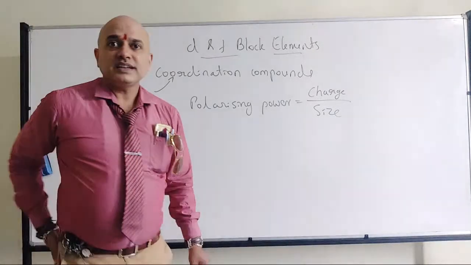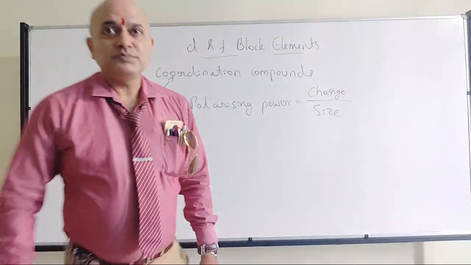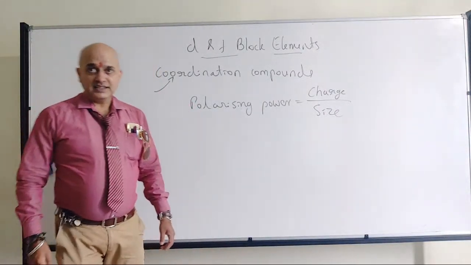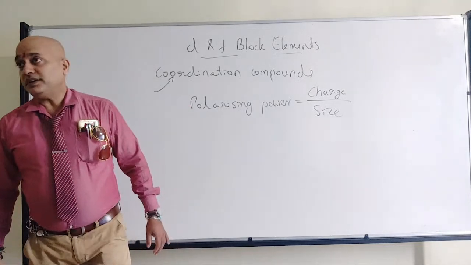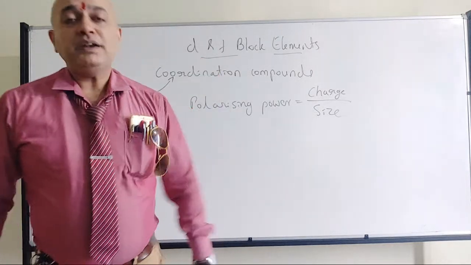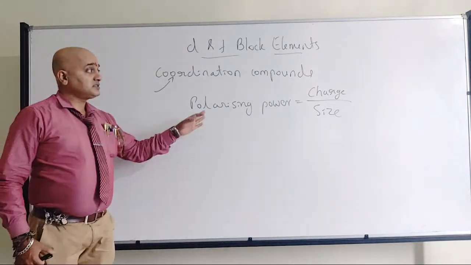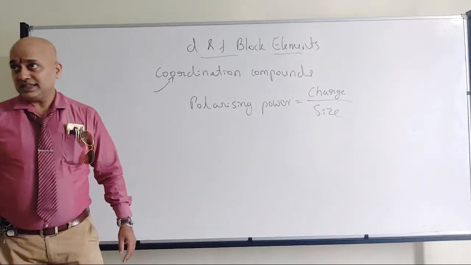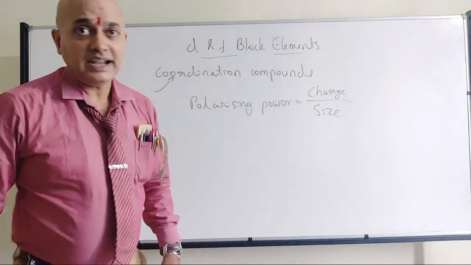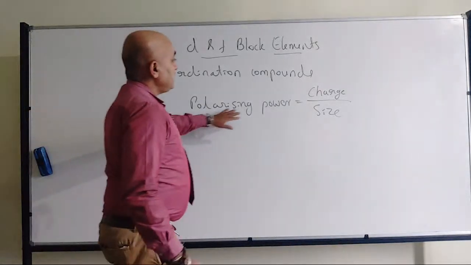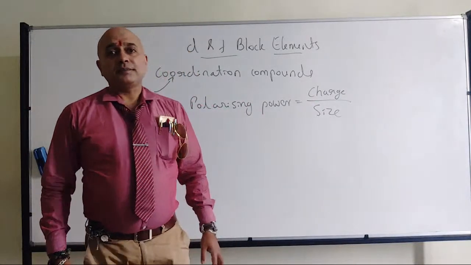Radius talks about size only. Charge by radius is related to the anomalous property of the first element of a group, with respect to Fajan's rule. We discussed these things in chemical bonding, right? So that's where we have the polarizing power.